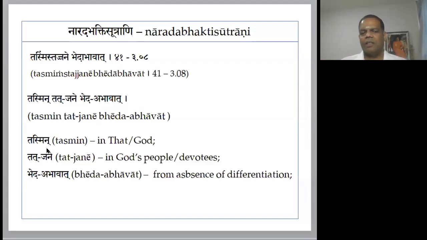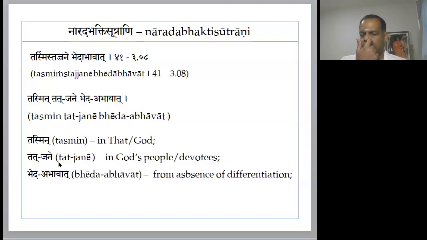Here the tat refers to God himself or the supreme principle. So, in that, seventh vibhakti. Then the second word is tat jane. Tat means again that, God. Jana means people, God's people, who are nothing but devotees.